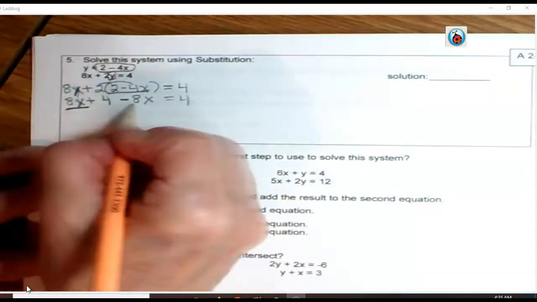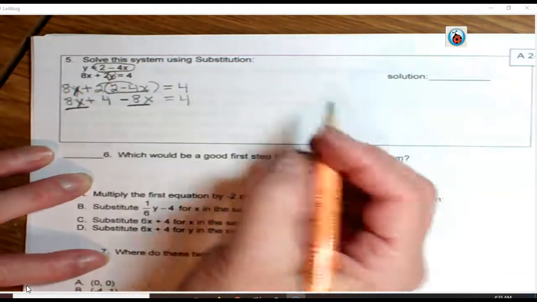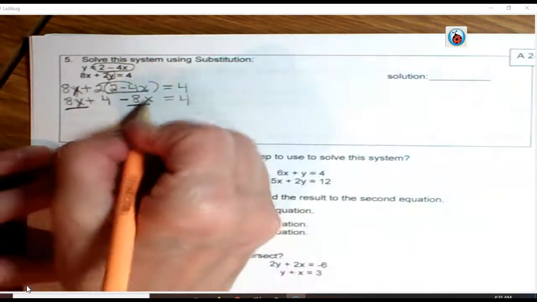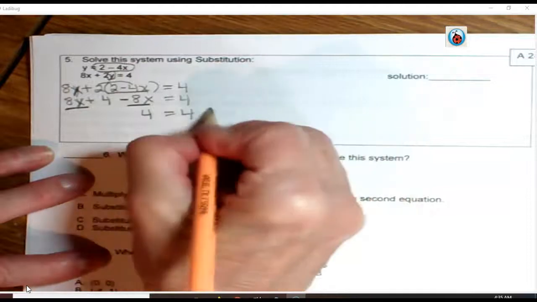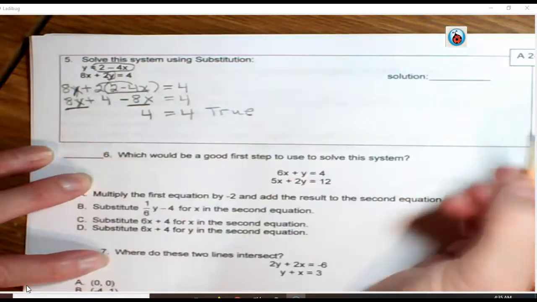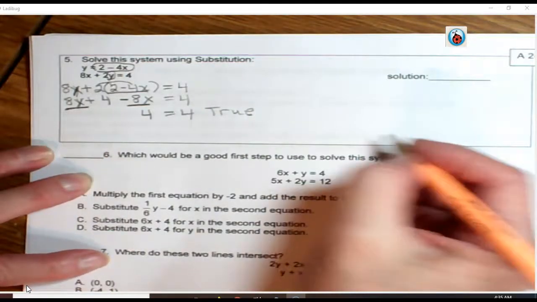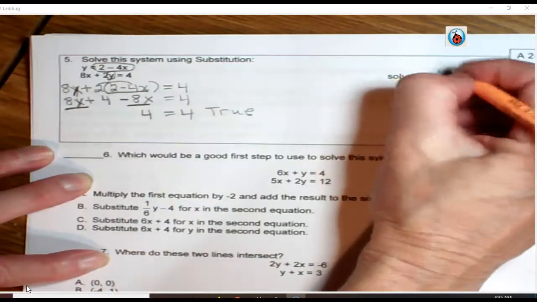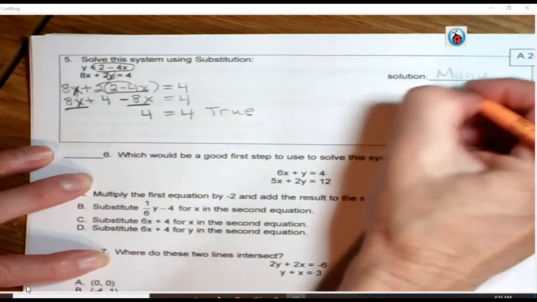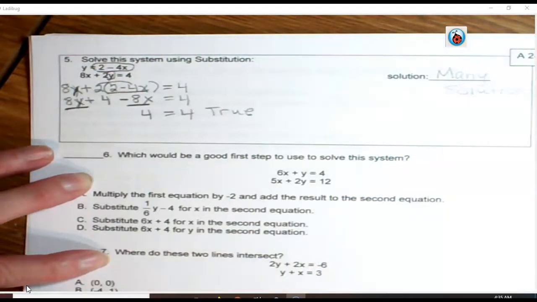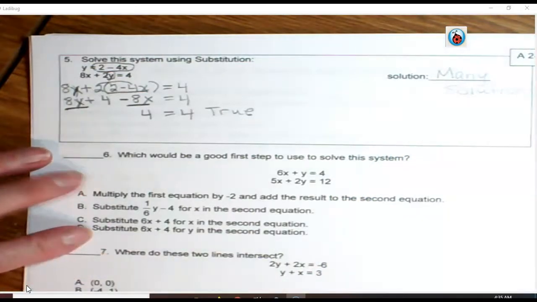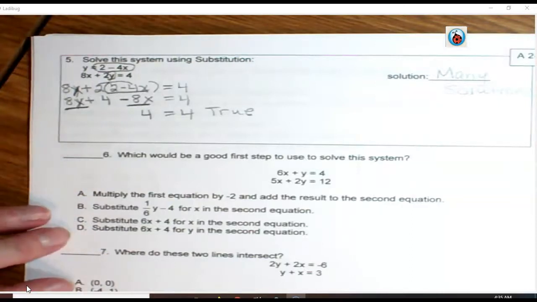Okay, 8x and negative 8x, those cancel each other out. So they're gone. So I get 4 equals 4. This is a true statement. So my answer is many solutions. Remember, if it would have been false, it would have been no solution. This is infinitely many solutions or many solutions.